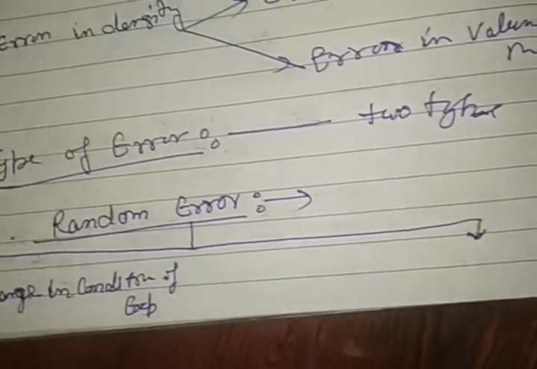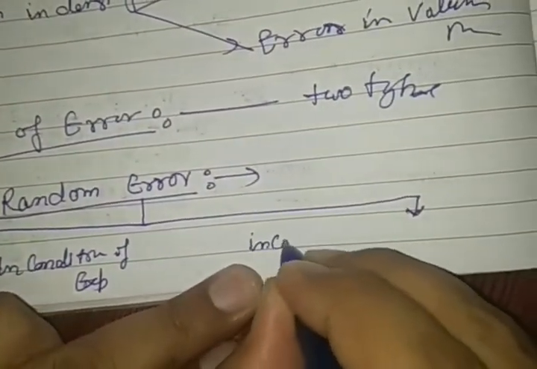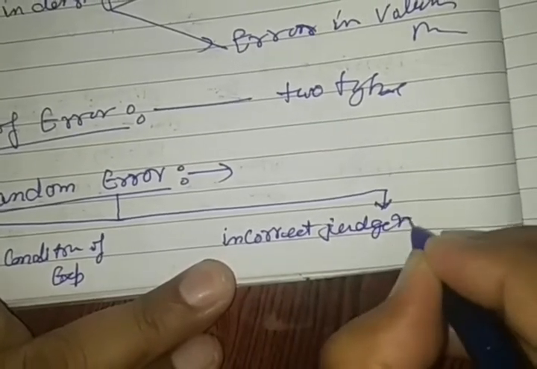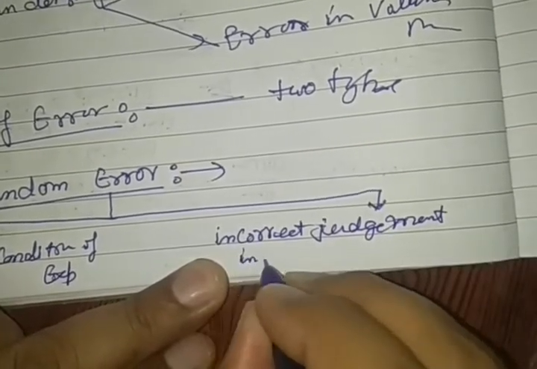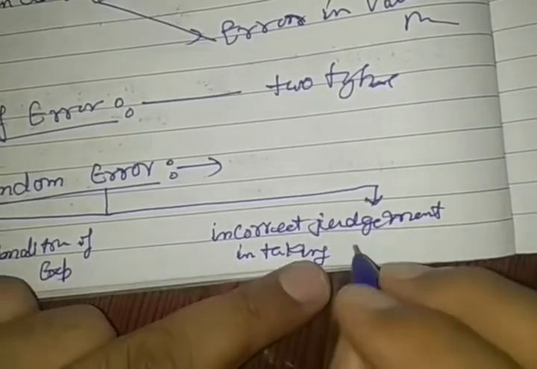Second is incorrect judgment in taking measurement.